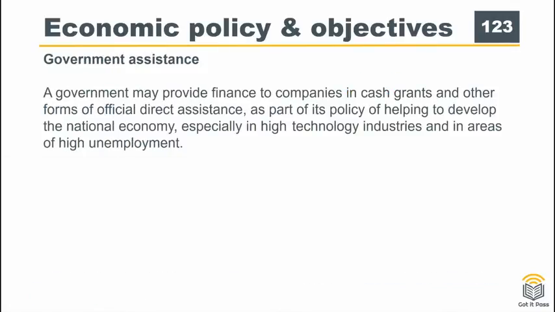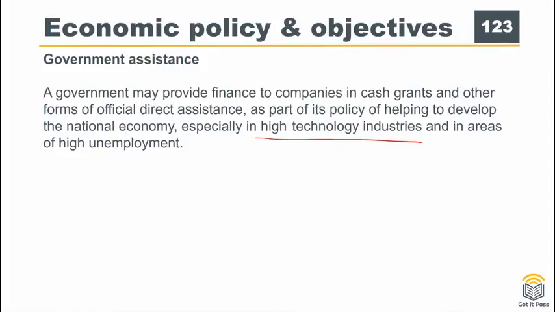So we talk about government assistance. Not only limiting the competition or having the competition policy, the government can also provide aid or finance to companies in cash grants and other forms of assistance as part of its policy of helping to develop the national economy, for example, in high technology industries or in areas of high unemployment.